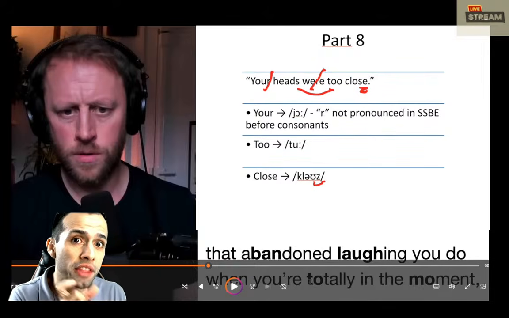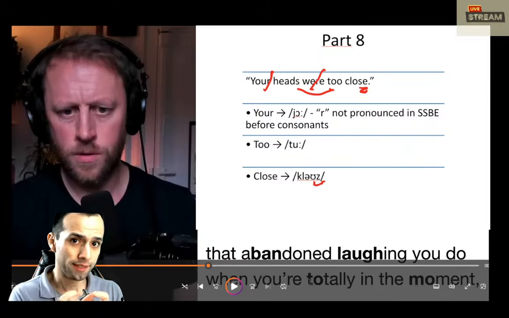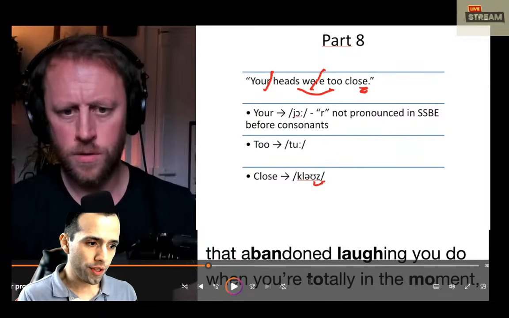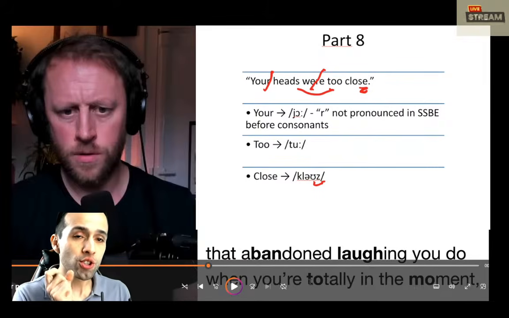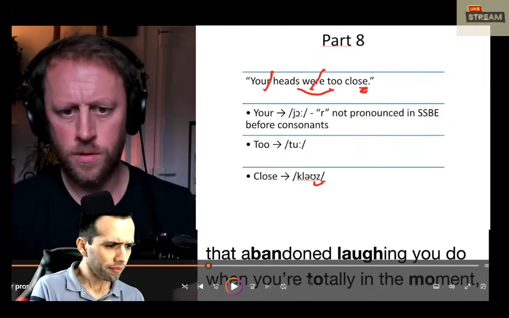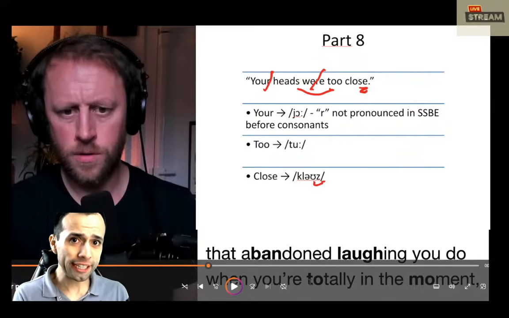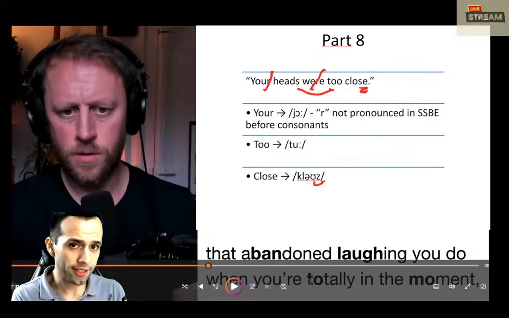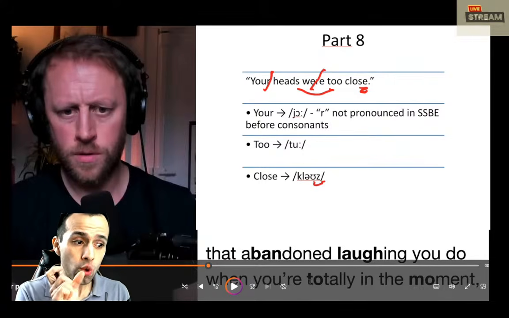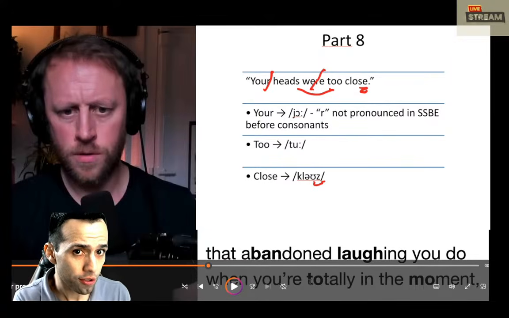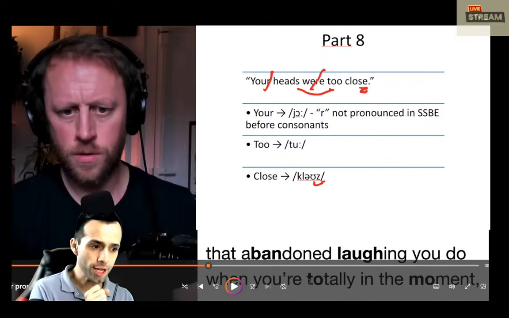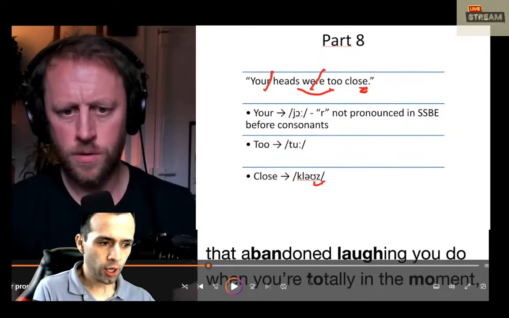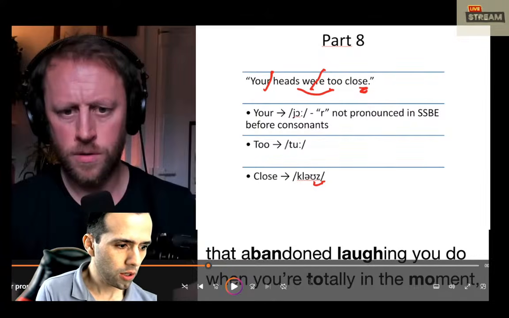That's a linking R, as I explained before. So this is your heads were too close. Going back to American English, most people in the US will say your heads were too close, were, right? Okay, so that's okay.